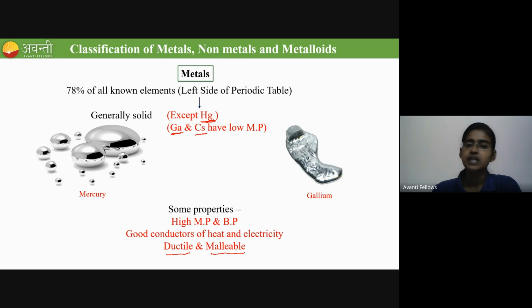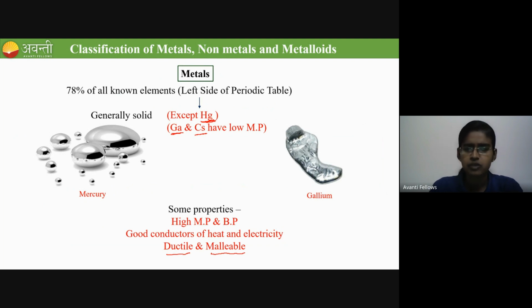Malleability means you can hammer a metal, and you can give it the shape which you want. So metals are also malleable in nature. We can take the shape which we want according to our requirement. So that is the ductility and malleability property of these metals.